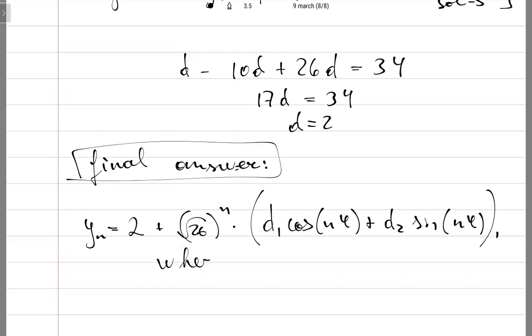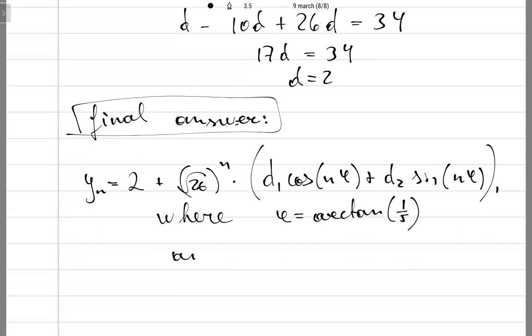And I should be explicit where phi is: arctangent of 1/5, and d1, d2 belong to R.